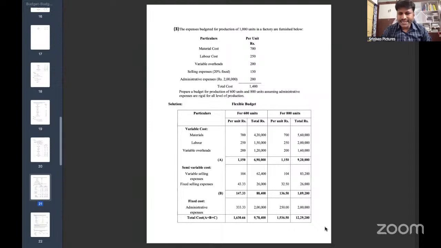So here I take 26,000. But when the number of units change, unit price also change. So that is the reason this 26,000 divided by 600 units, per unit cost is 43.33 rupees. This 26,000 fixed overheads for 800 units is 32.50.